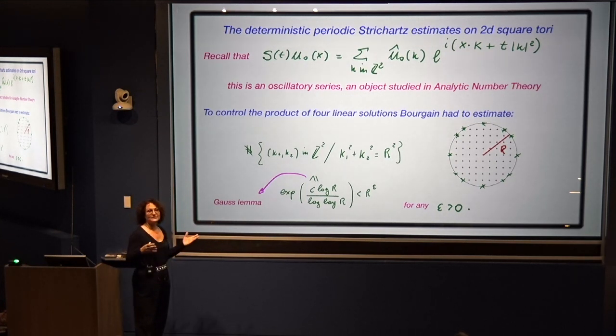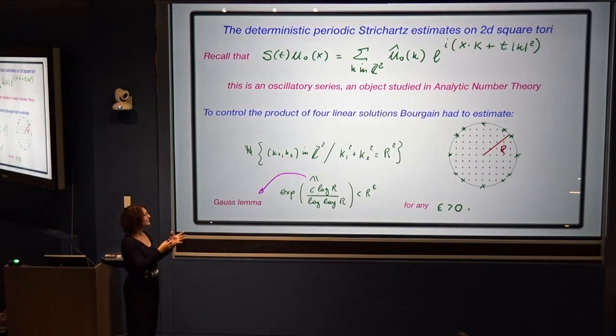And in doing that estimate, he came across one particular question that is really in the area of analytic number theory. And what he had to do in order to conclude the estimate was to count how many points in the Z^2 lattice sit on this circle of radius r, in terms of r. So you want to estimate that.